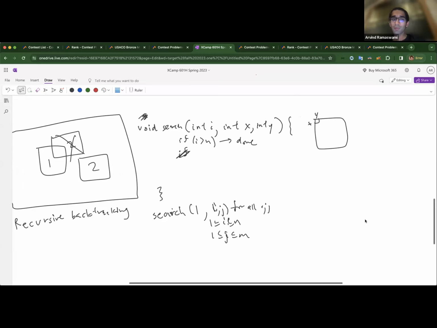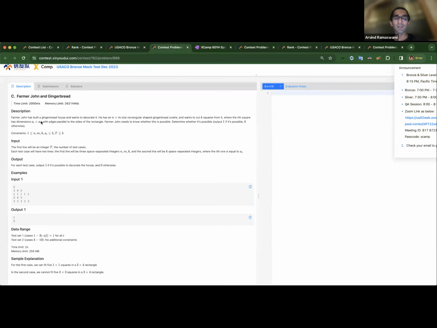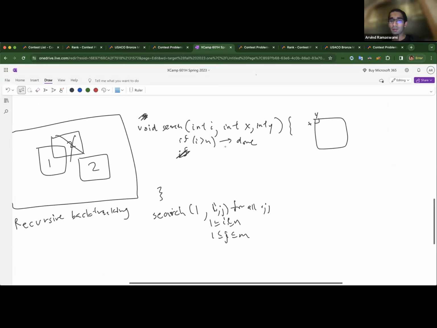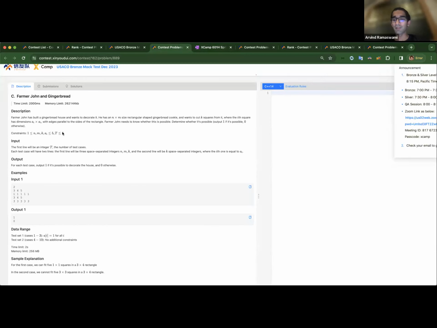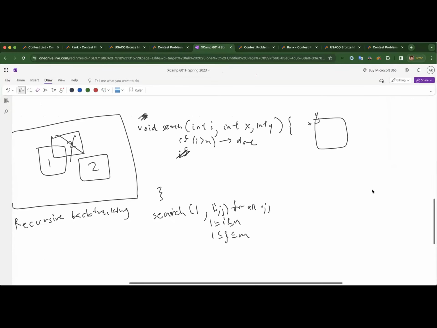Isn't this algorithm too slow? It actually passes all the test cases, so the constraints are small enough that it can work. Everything is less than or equal to 5 here. Would it be possible to do it with just 5 nested loops? Yeah, that's possible.